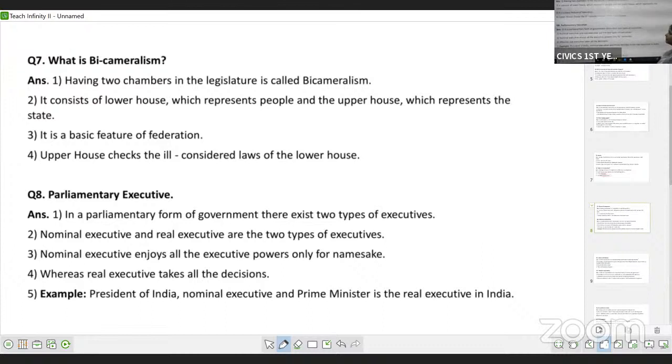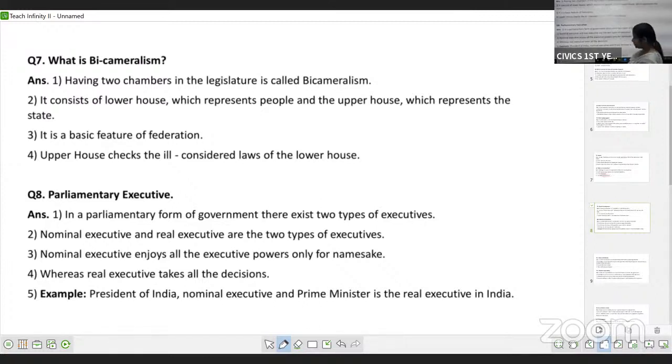In bicameral legislature, when you have two houses, that bill has to be approved by both the houses. So if any bill has been passed in hurry, then the upper house will check it. Then it will either reject it, or they can send it for reconsideration also, or it can approve it.